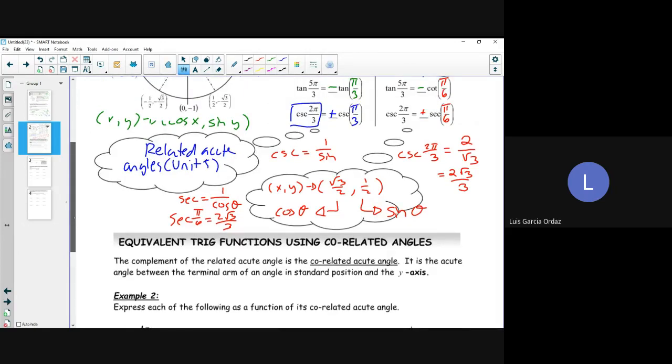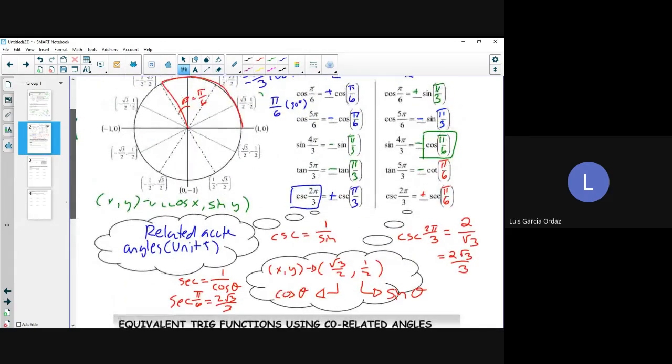So basically, what we have to do first is check what the correlated angle is. Then you check what ratio that gives you. So you graph it first, find your correlated angle, and insert it over here.